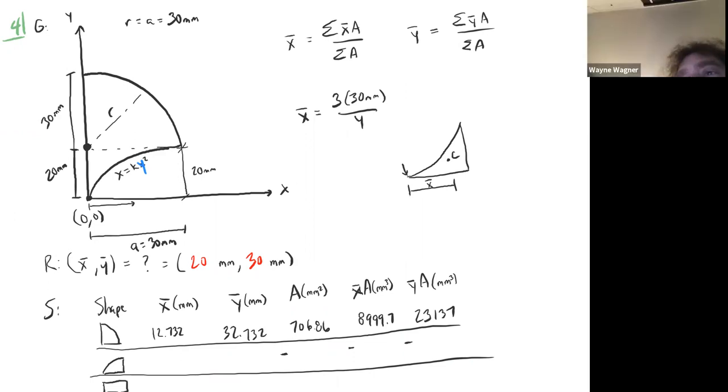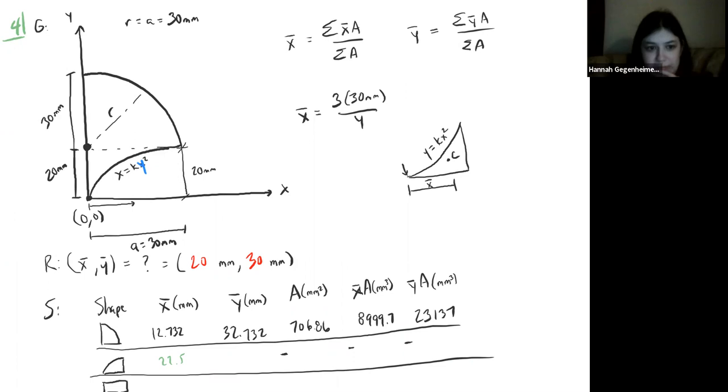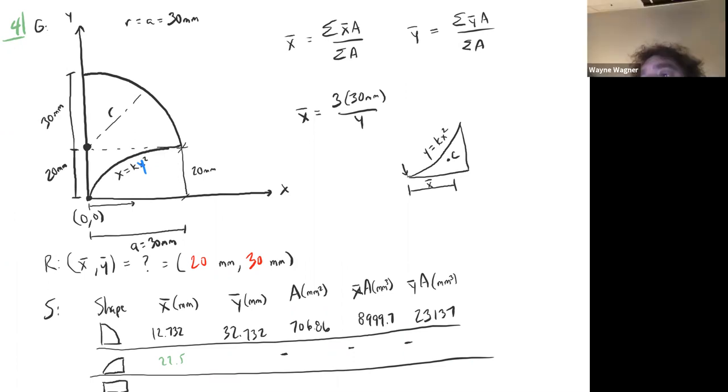So the answer here should be right if we had done this right, but we haven't. This is my fault. I wasn't paying attention. For the parabolic spandrel, you see how it has a formula that says y equals kx squared. Yes. But that's for a very specific thing. We've got x equals ky squared.